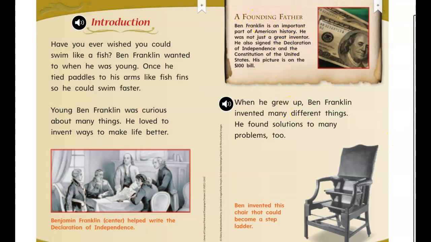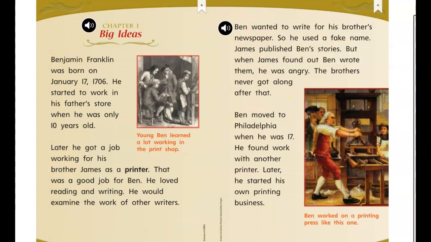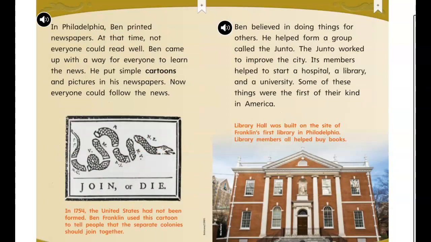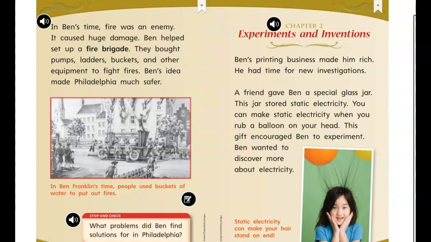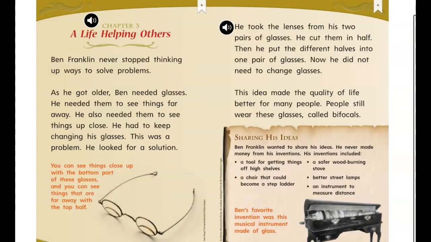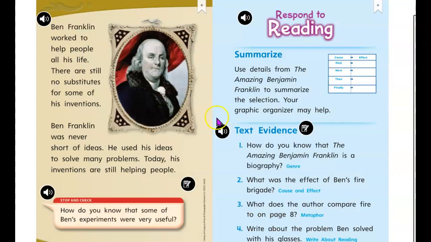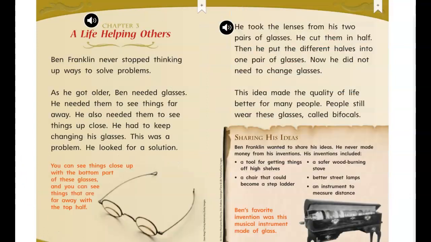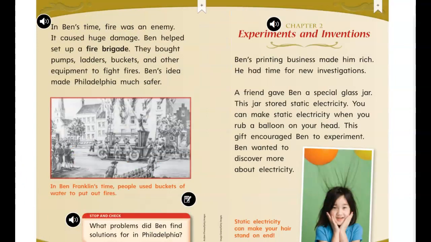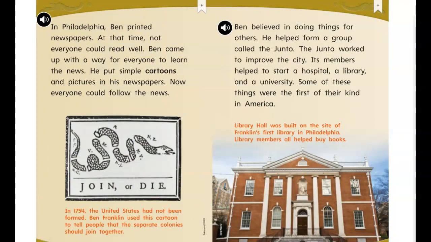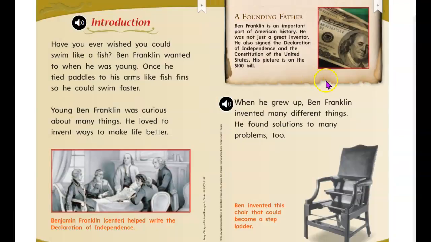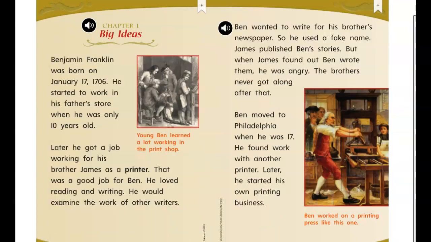All right, moving forward. You are going to be reading on your own Chapter 1, Chapter 2, and Chapter 3. As you are reading, boys and girls, you are going to be answering the stop and check questions on a piece of paper. As you can see, they are throughout the text. So you will find this on McGraw-Hill, and you will be continuing to read starting with Chapter 1.